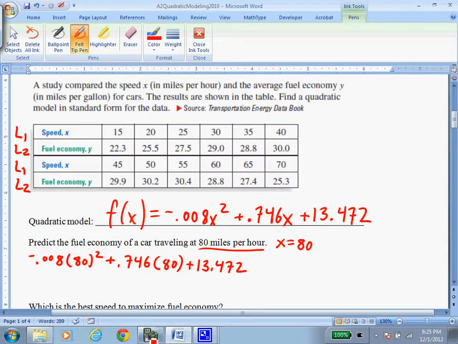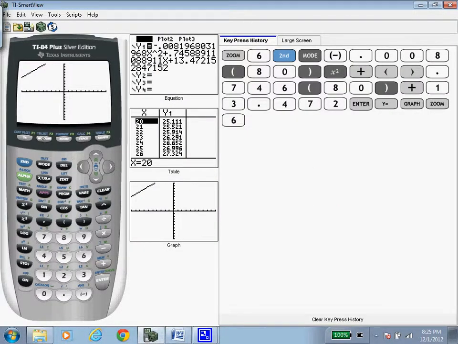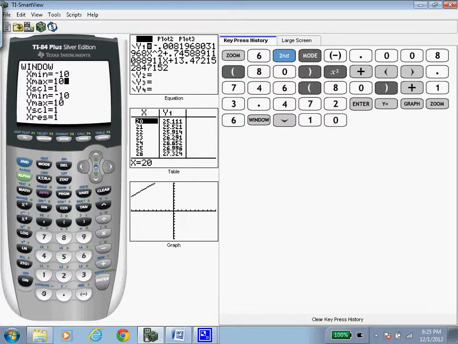So I'm going to set my window so I can see a little wider and a little higher than that. So to move it to the right more, I'll increase my maximum x to 100, and count by tens on the x-axis. And then I'll also increase my y maximum to 50.